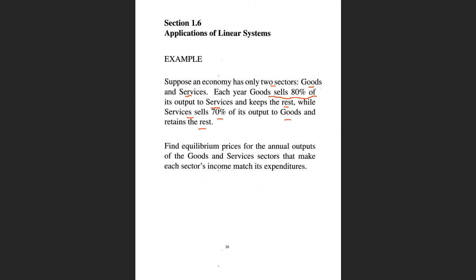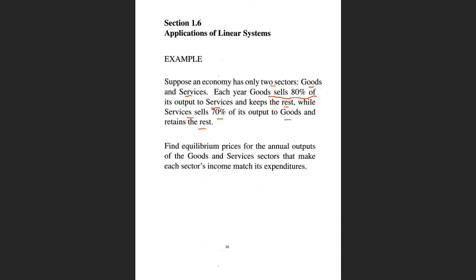And services sells 70% of its output to goods. You need equipment, you need services to make the goods, you see. So this is just a very simple kind of economy, okay?